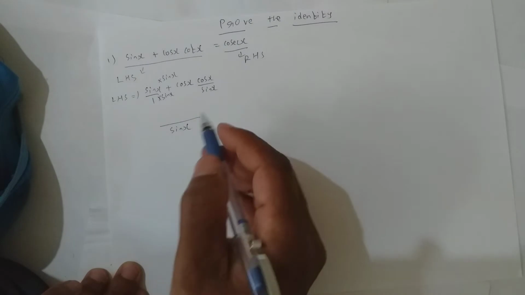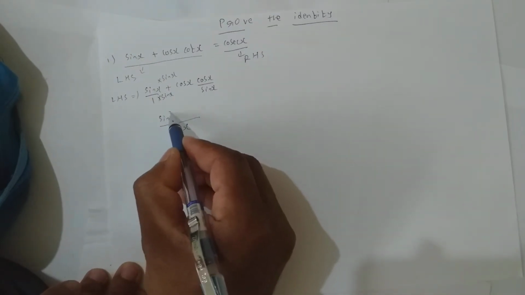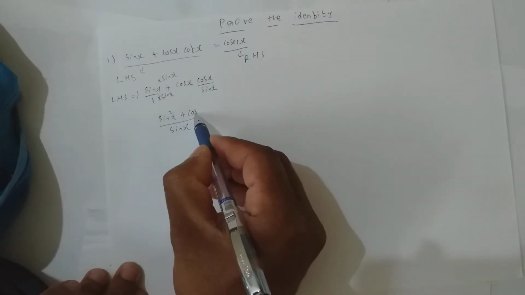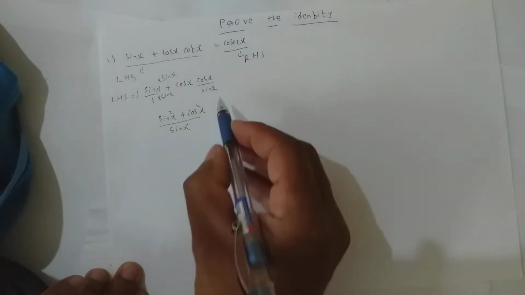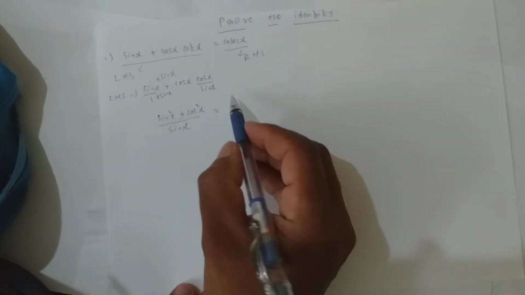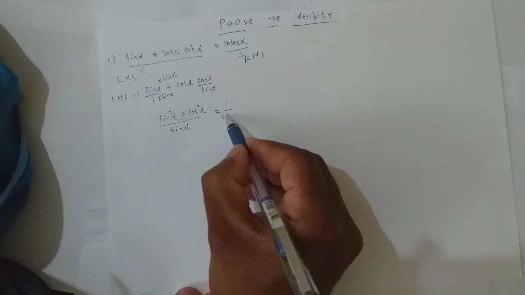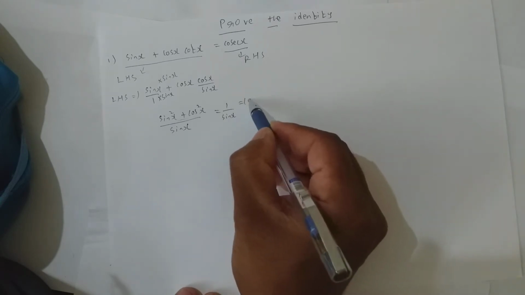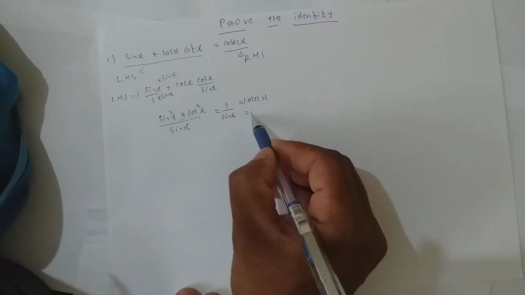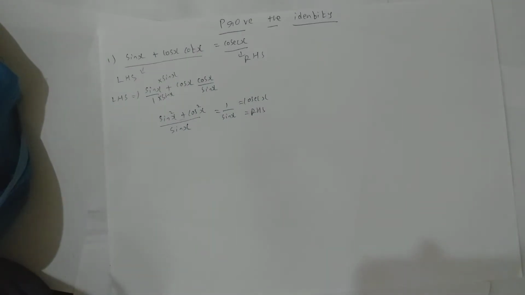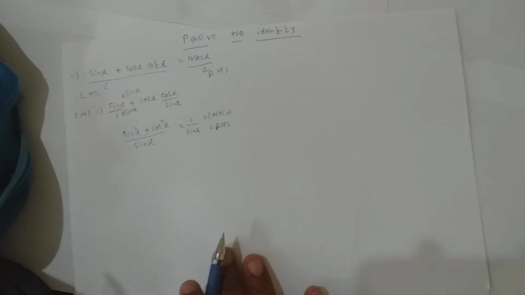So it becomes sin x into sin x, sin square x, plus cos x into cos x is cos square x. Now sin square x plus cos square x is how much? 1. So it becomes 1 by sin x, which is cosecant x, which is our RHS. We proved using the identity. Clear?